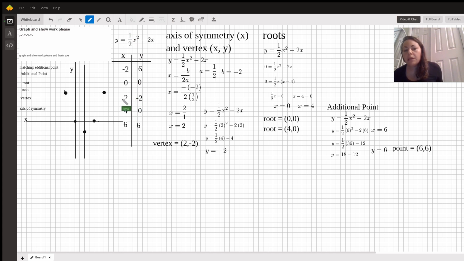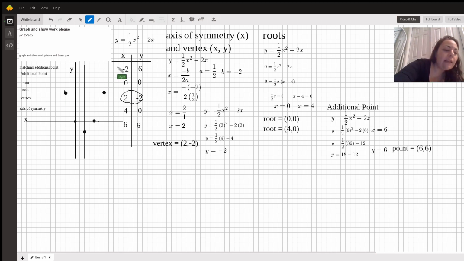The one in the middle is always your axis of symmetry and your vertex. So that was your 2, -2 that we found first. The roots, x equals 0 and x equals 4, go there in your table of values. And then here's 6, 6, your additional point. And then on the other side, the matching point, which is -2, 6.